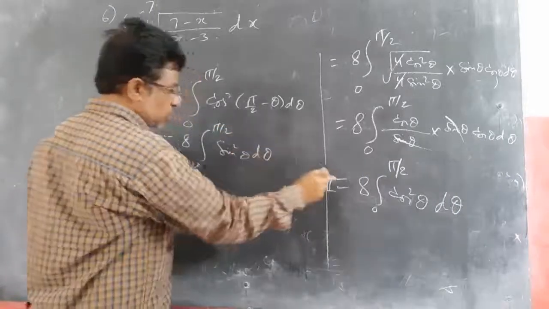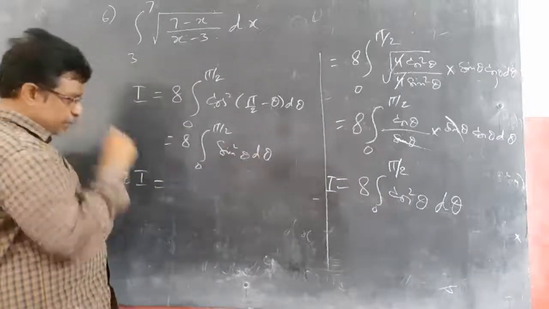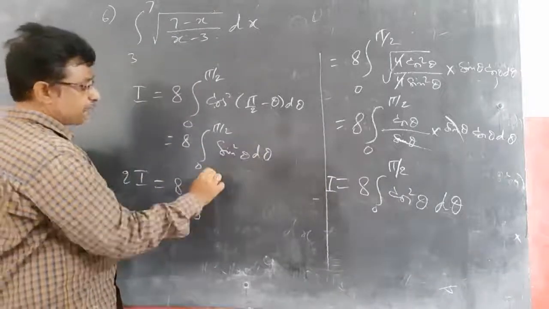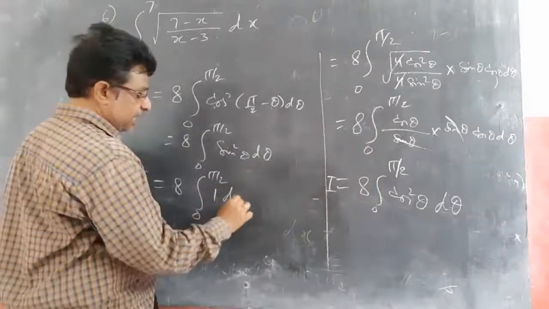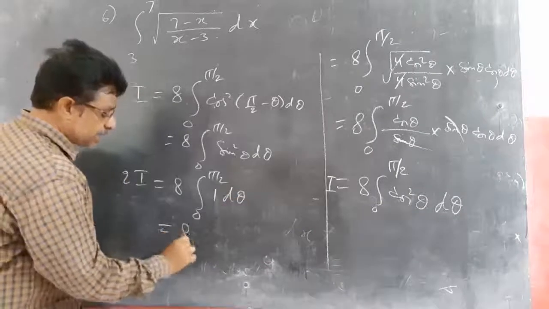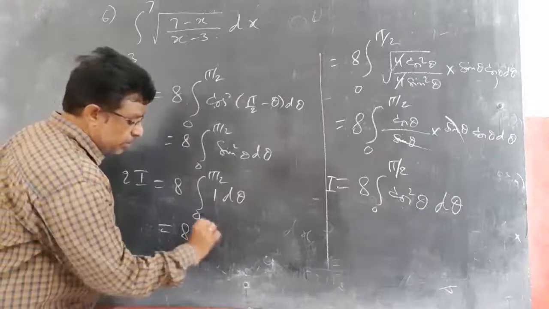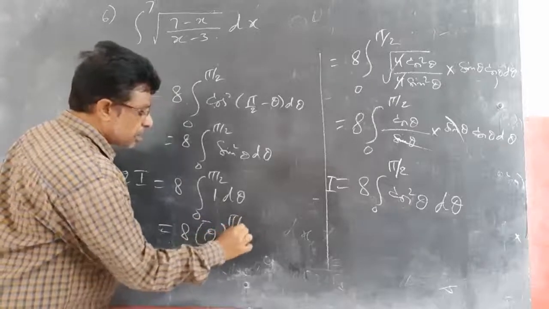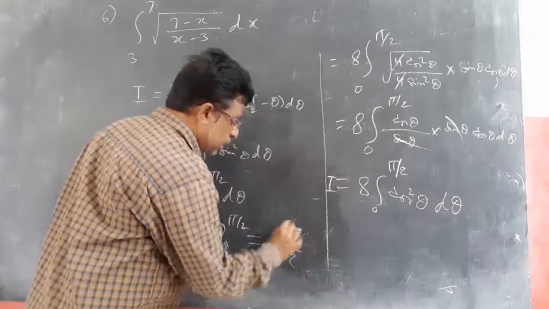Now adding this to I, I plus I, 2I equals 8 into integral of 0 to pi by 2 of sin square theta plus cos square theta, which is 1, d theta. 1 d theta is theta, between the limits 0 to pi by 2. Now this is equal to 8 into upper limit pi by 2, lower limit 0.